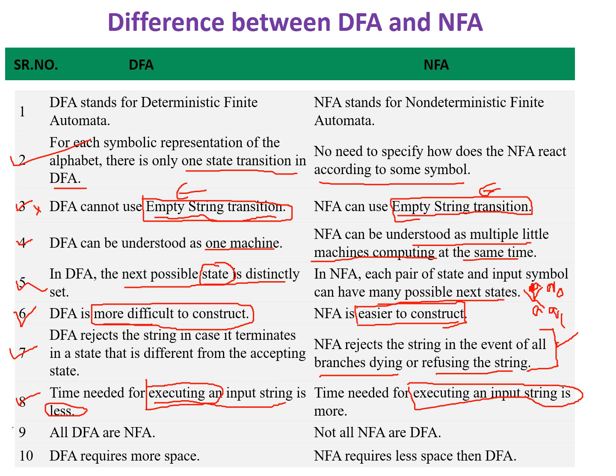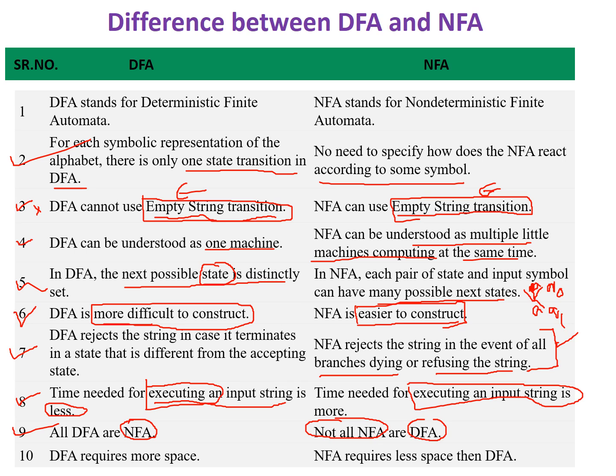The ninth point: all DFAs are NFAs. That means whatever is constructed as a DFA is accepted by NFA. So all DFAs are NFAs, but not all NFAs are DFAs, right? The last point is that DFA requires more space as compared to NFA.